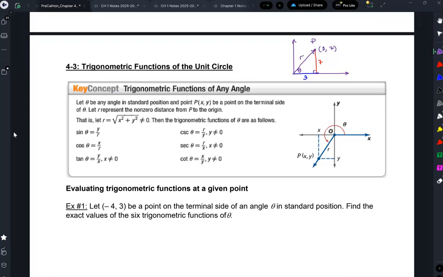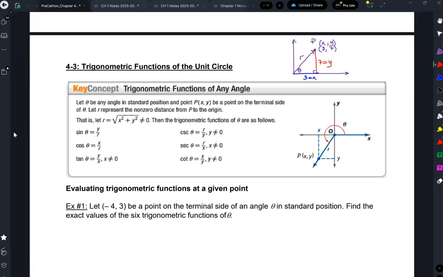Now, suppose I didn't know exactly the coordinate of that point. Suppose instead, all I know is that that is a point at x comma y. So now, this side is just x. It has a length of x.